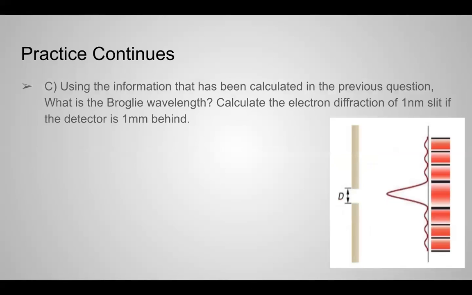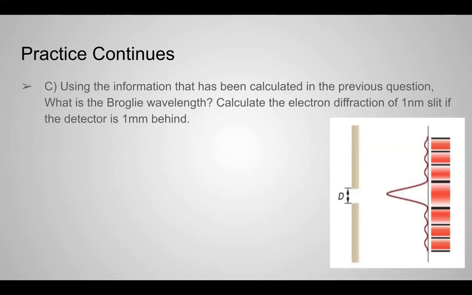From all the information that's been calculated in the previous question, we want to find the de Broglie wavelength. On top of that, we want to calculate the electron diffraction of a 1 nanometer slit if the detector is 1 millimeter behind.